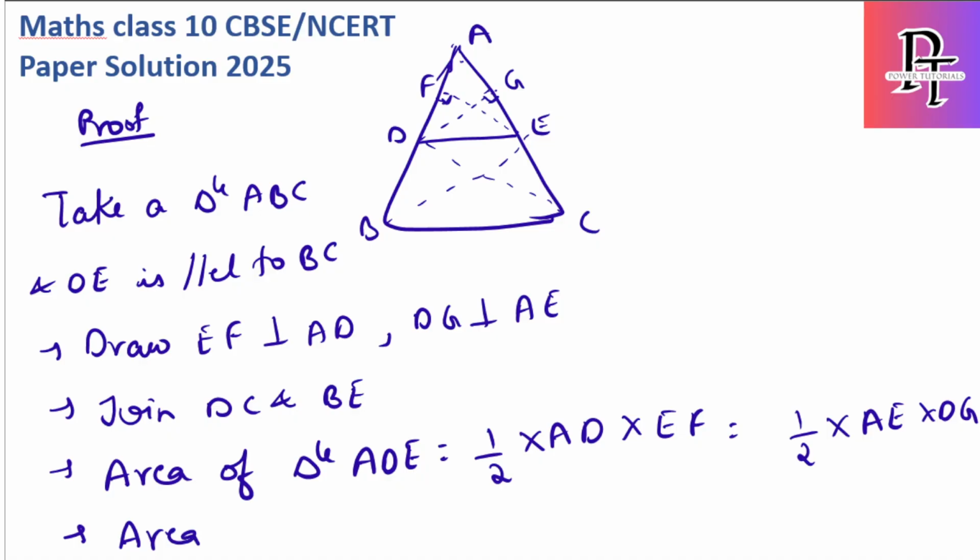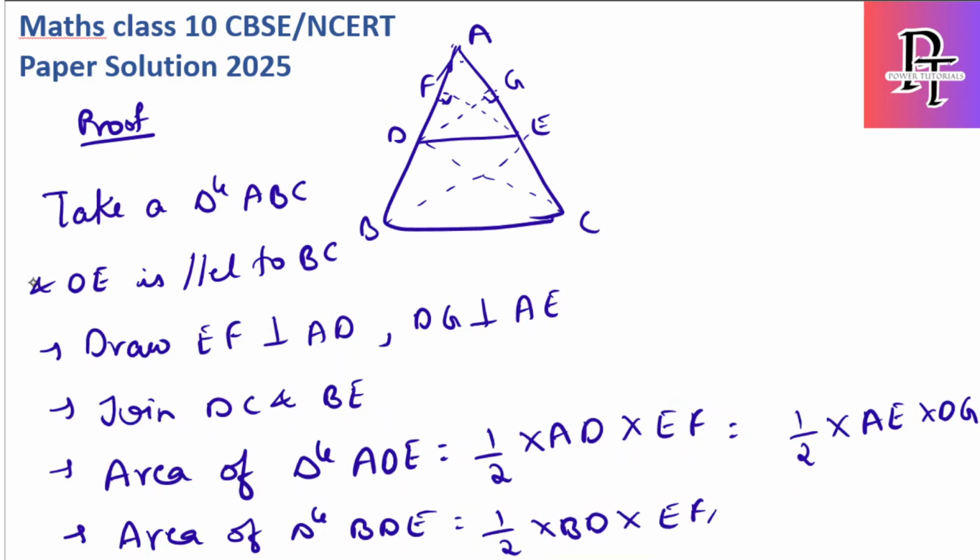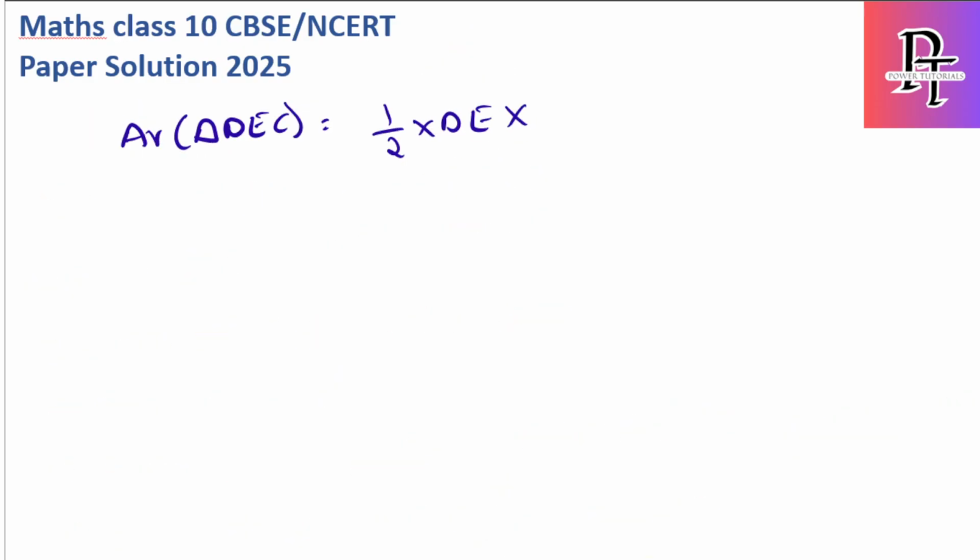Area of triangle BDE is equal to half into BD into EF, and in the next step, area of triangle DEC. Area of triangle DEC is equal to half into DE into the perpendicular line, DG, not EF.